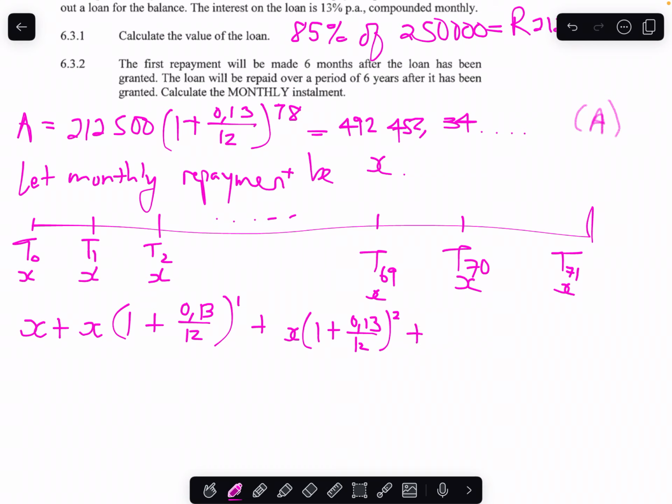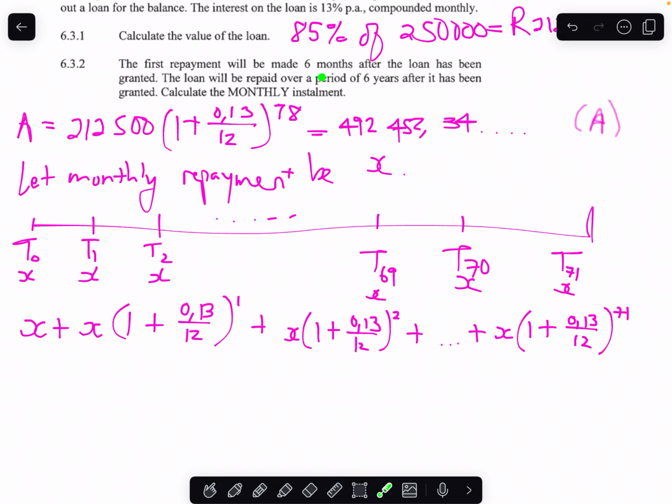And so it will go until we have this guy who earns interest for, it's actually going to be 71 months. Right, so I said full duration of 6 years, but it's actually, after 1 month, this guy will have earned interest for 1 month. After 2 months, he will have earned interest for, hey, wait, okay, I'm confusing myself.